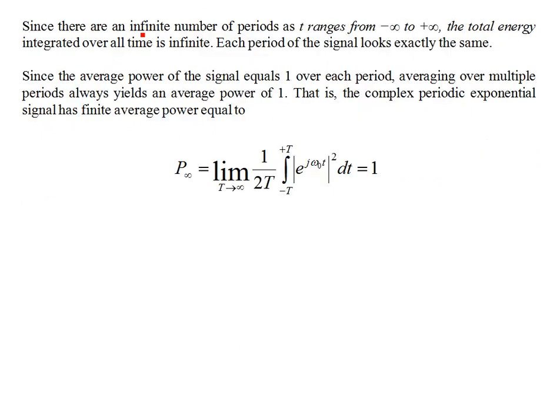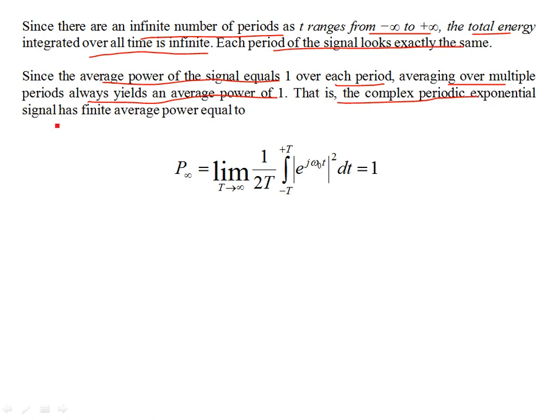Okay, so since there are an infinite number of periods as t ranges from minus infinity to plus infinity, the total energy integrated over all the time is infinite. Each period of the signal looks exactly the same. So since the average power of the signal equals 1 over each period, averaging over multiple periods always yields an average power equal to 1.